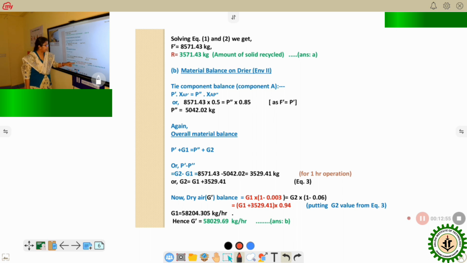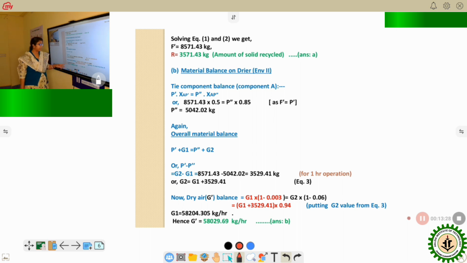Putting the G2 value from equation 3, we get these two parts, and by balancing them, we get the G1 value, 58,204.305 kg per hour. This is G1, but not the dry gases. G1 is the air inlet flow into the dryer, but not the dry gases.